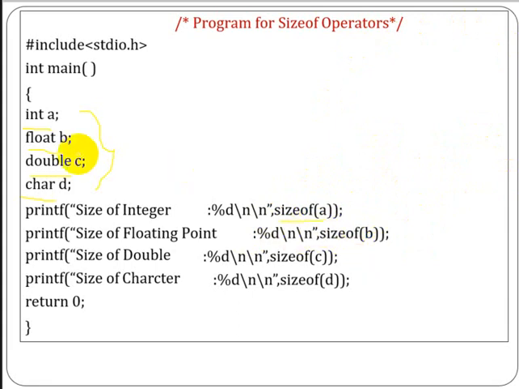So integer is the data type, so it will provide 2 as an output. When we provide a float, that is the B variable, this will return 4. Double means 8. Character means 1.